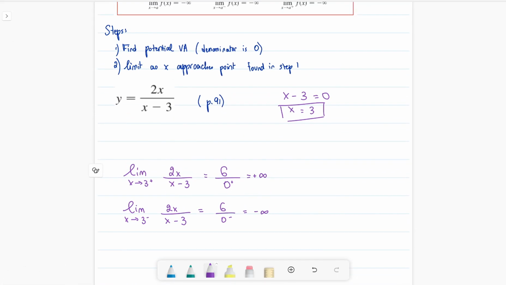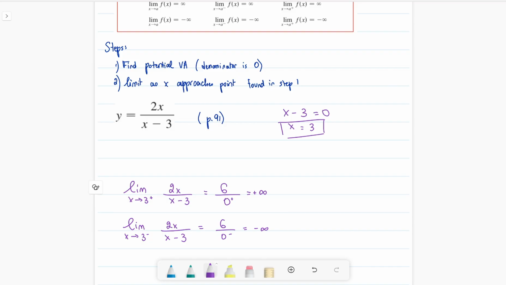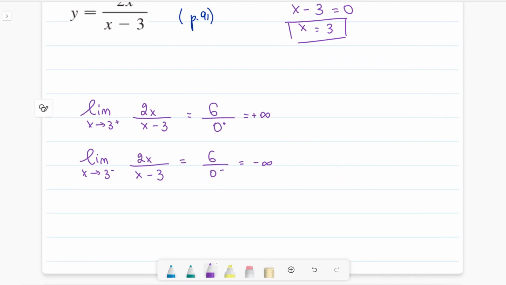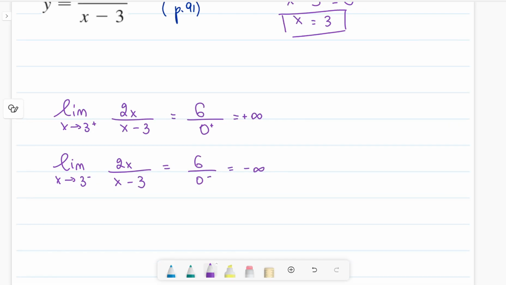And here we can see we got infinities in both cases. One was positive, one was negative, which signifies that yes, we do have a vertical asymptote. Only one of these two limits would have been enough to prove that we have a vertical asymptote.